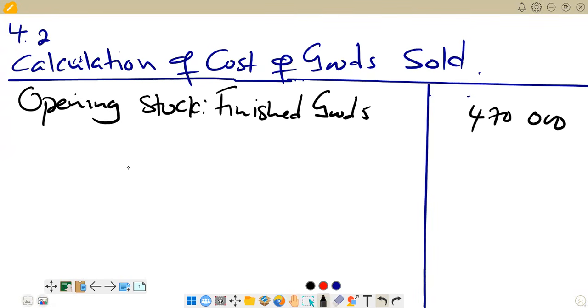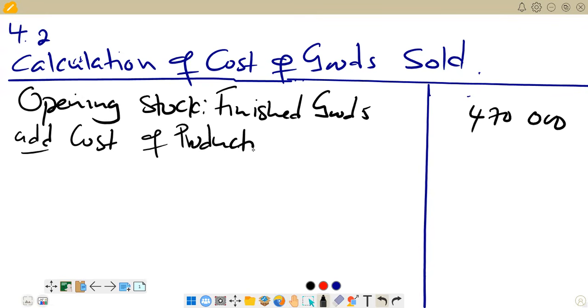And then after that, we add cost of production of finished goods. So this is the format again that we used in the manufacturing when we were calculating the direct materials that were used.